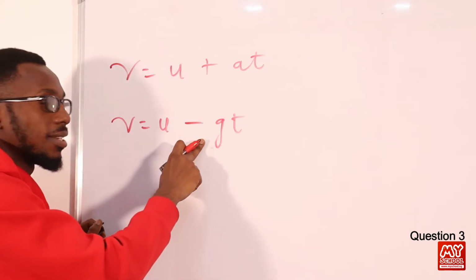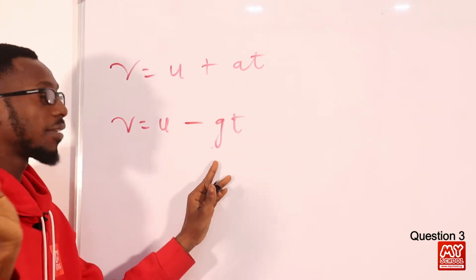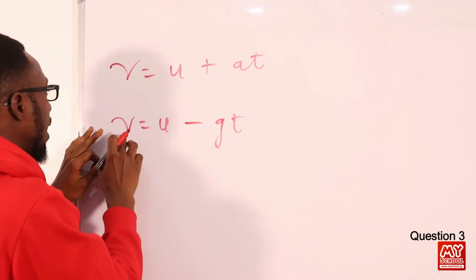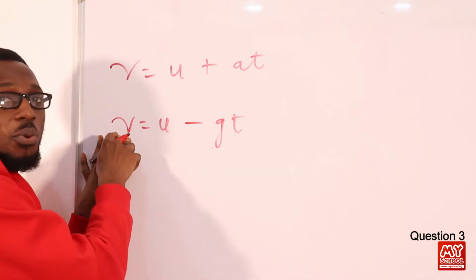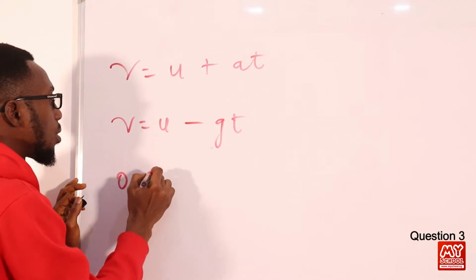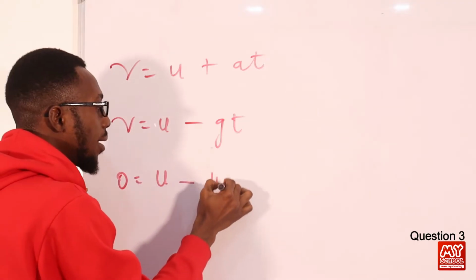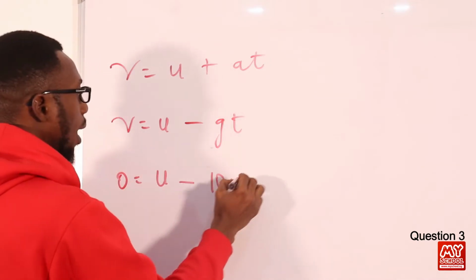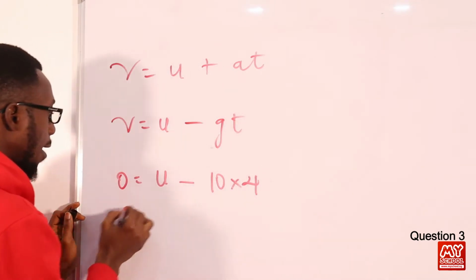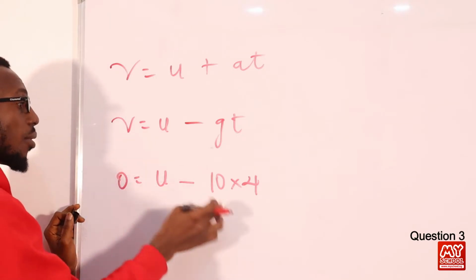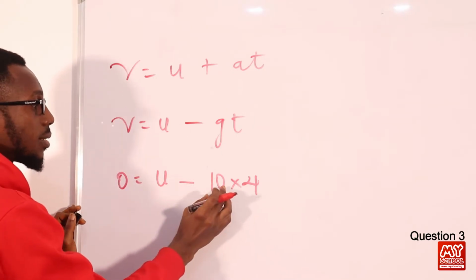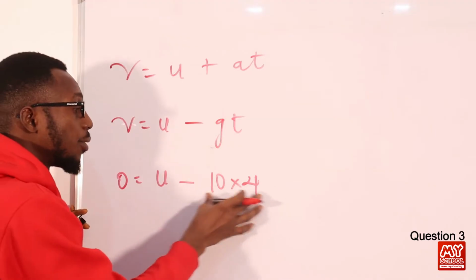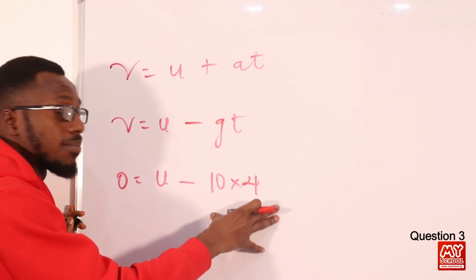It is against gravity. From the question we are given G as 10, and at maximum height V equals 0. So 0 equals U minus 10 times T, and the time given is 4 seconds, so times 4. Minus 10 times 4 is minus 40.